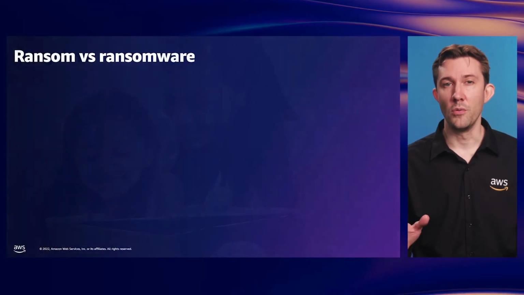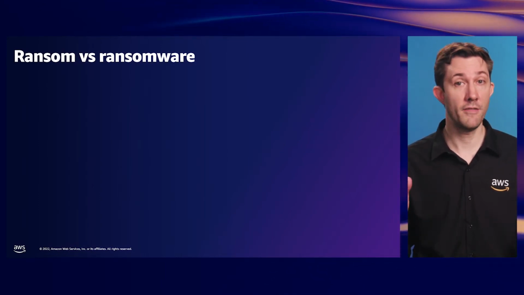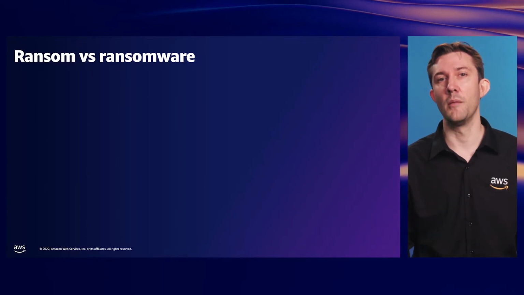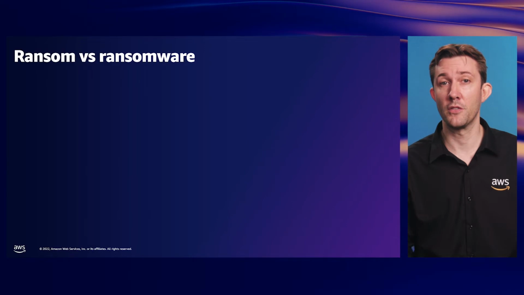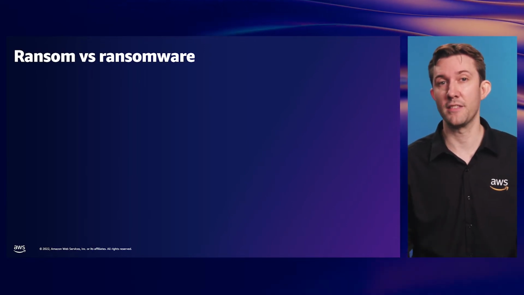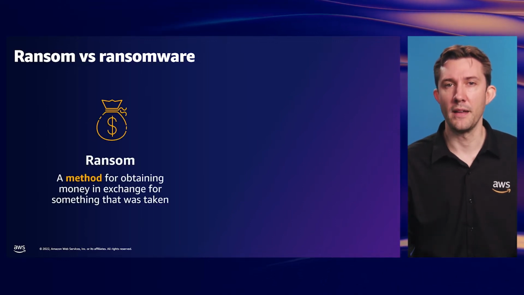I'm sure many of you have heard about ransomware and the problems it can cause. In fact, I've talked about this already. However, this slide is the last time I will say ransomware, because from now on, these stories involve ransom and not actually ransomware. So, just making sure we're all on the same page.